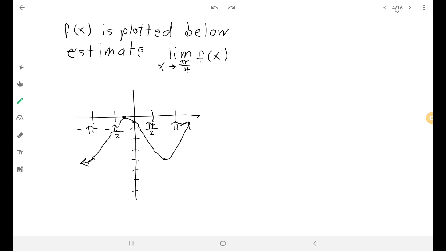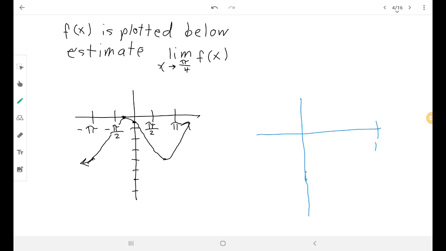And so we want to make sure of a couple of things. First of all, are we approaching that value the same from both ends, from the left and from the right? So I'm going to make another version of this graph, but I'm going to kind of zoom in.